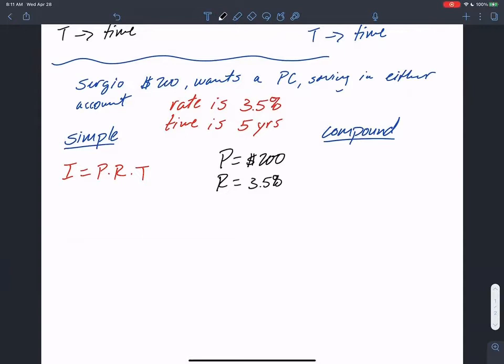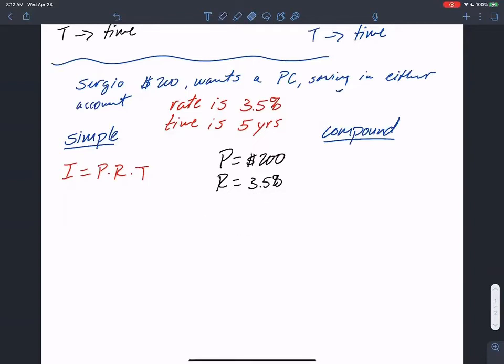But you got to be careful, because 3.5%, this is where everyone messes up. Okay? And I'm going to emphasize this. You cannot use this as a percentage. You have to change it to a decimal.